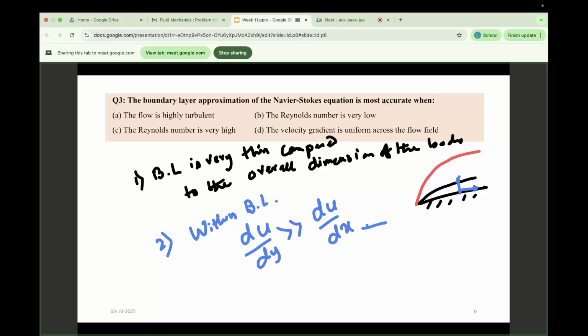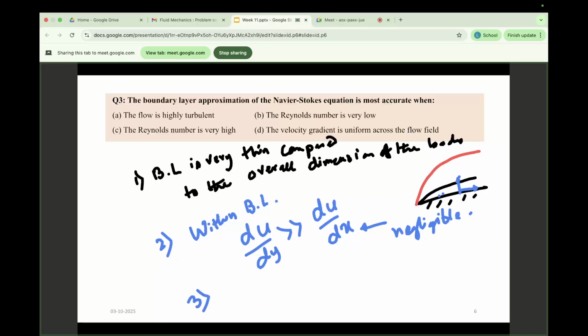That means in the x direction the velocity gradient should be considered negligible. The third point is that the pressure gradient should be negligible.